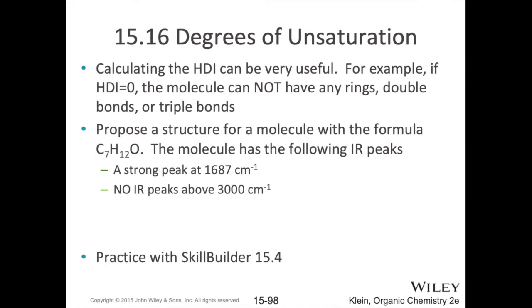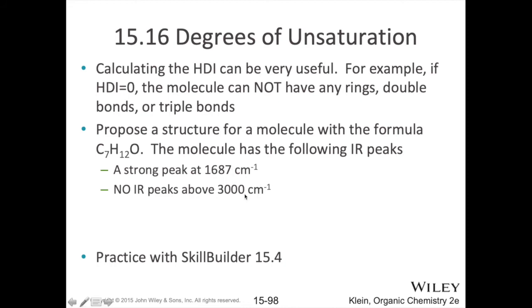So there should have been 16 hydrogens if this were a saturated molecule, but instead there is only 12, which means we're 4 hydrogens short, which means there are 2 degrees of unsaturation. So this could mean a ring, some combination of a ring and a pi bond, or in fact 2 pi bonds. So we have 2 degrees of unsaturation we've got to account for.